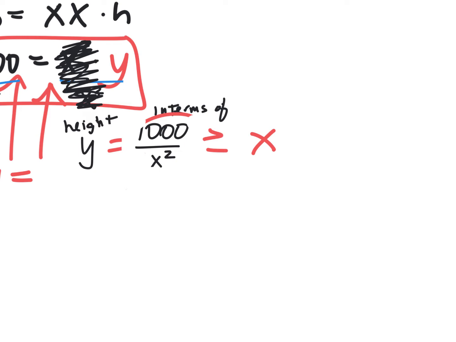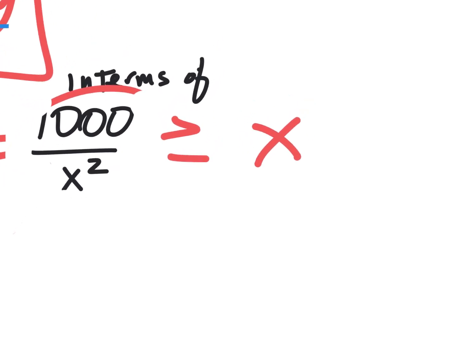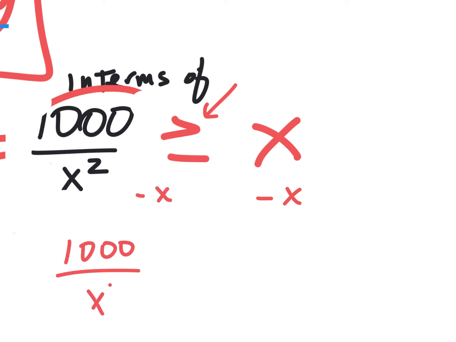In case you forgot, nope, you cannot just multiply by x squared on both sides. So how are you going to solve it? You're going to subtract x from both sides. Everybody take 1,000 over x squared greater than or equal to x, and solve it like I'm doing right here.